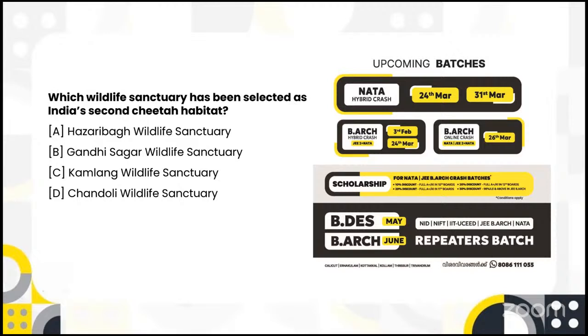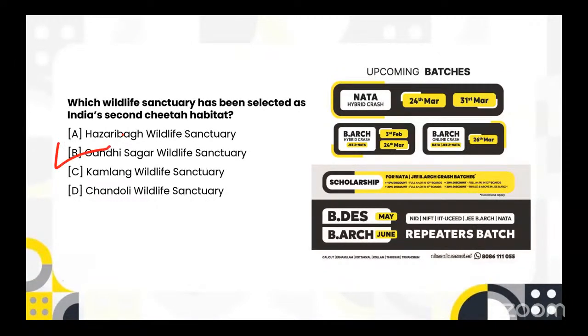This is in Gandhi Sagar Wildlife Sanctuary in Madhya Pradesh, which will become India's second cheetah habitat. We have ordered 8 cheetahs from South Africa, and 6 of them will be arriving before this summer season.